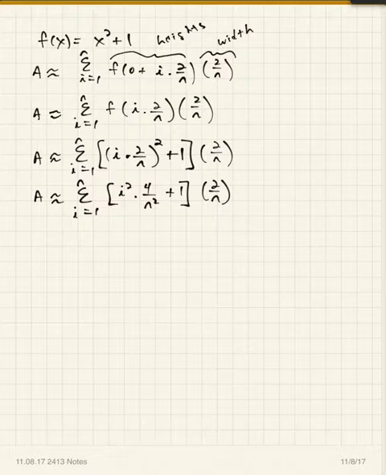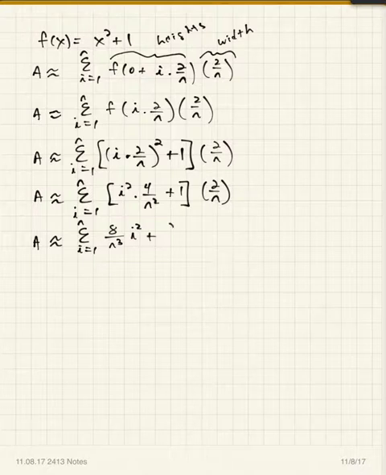All right, so now I'm going to go ahead and multiply through by that 2 over n. You wouldn't have to do that at this point, but I'm going to go ahead and do that. So you have 8 over n cubed i squared plus 2 over n, like that, when you multiply through by that 2 over n.